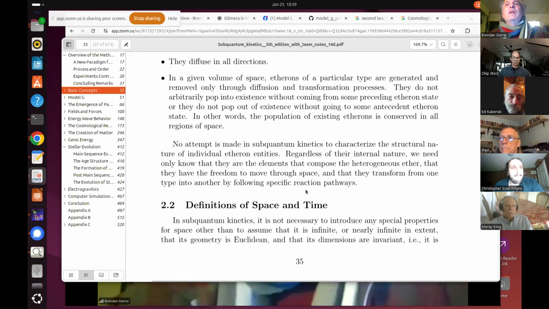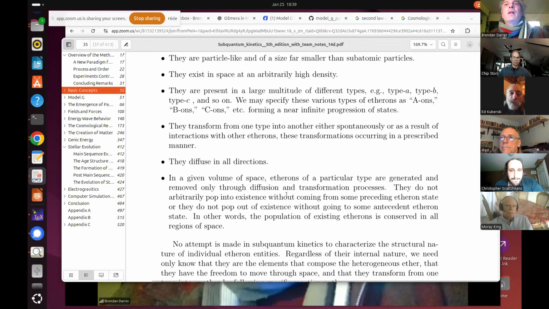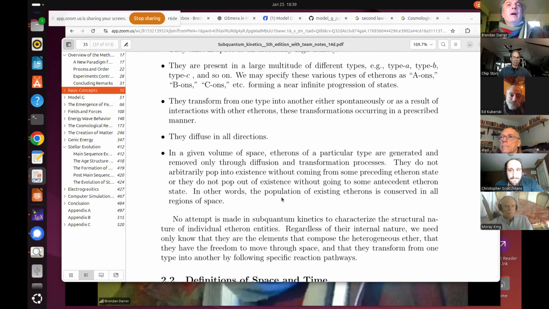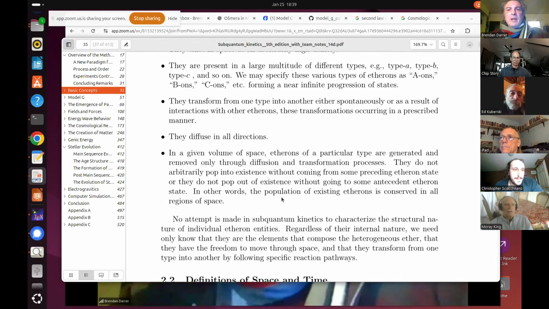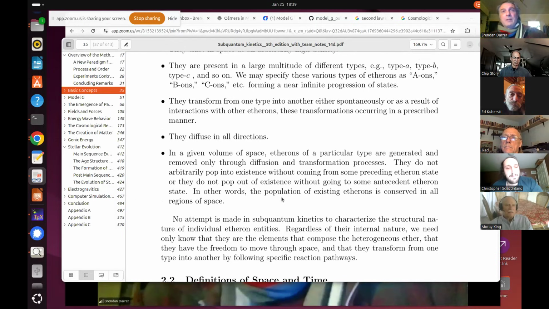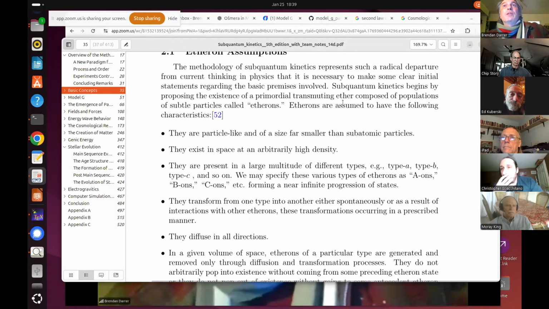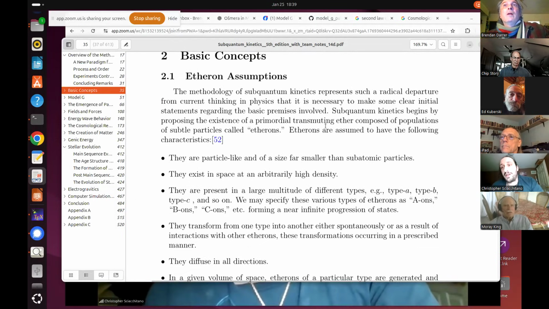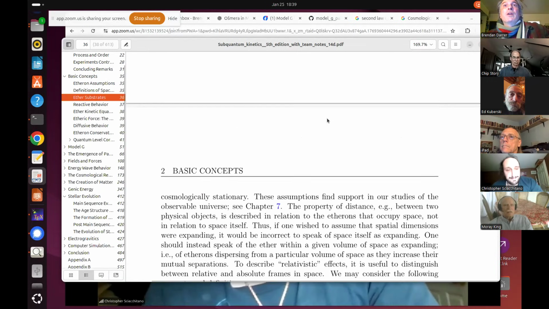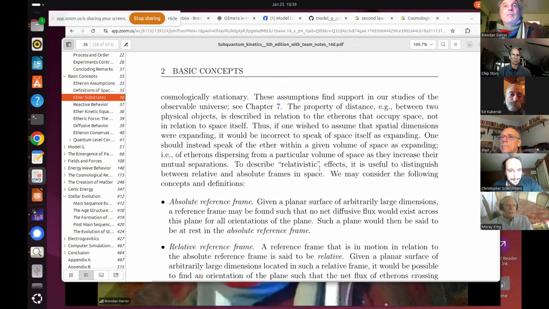He said somewhere that it's about 10 to the 65 etherons per cubic centimeter. That's kind of a guess. He also said subquantum kinetics is a work in progress and hasn't been fully developed yet. He encouraged us to play with it and do more research, looking at the Brusselator, different Brusselator models, whatever.